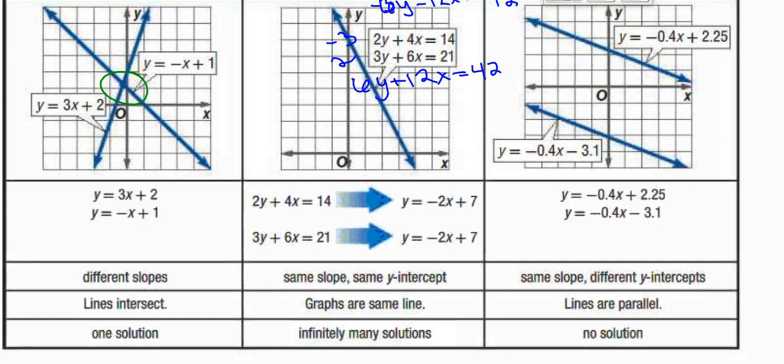They have an infinite number of solutions. And then over here, if you think about subtracting these two equations or multiplying by -1 here, you'd get 0 there and you'd get some number here, 0 equal to a number, and that's not the same. These have the same slope, different y-intercepts, the lines are parallel, and there's no solution.